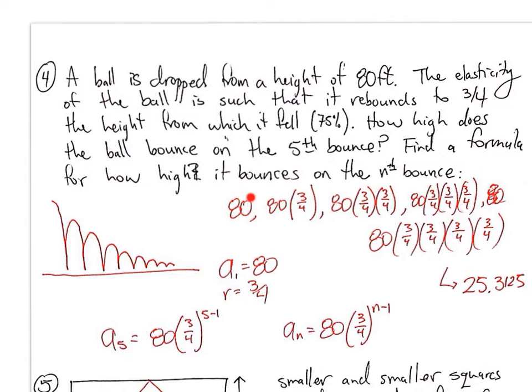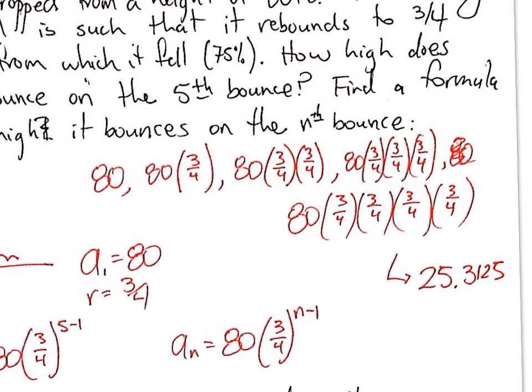The initial height is 80, and then it's going to bounce to a height of 80 times 3/4. So where's my marker? And let's zoom in a little bit. So this is the start, and this is the first bounce, and the second bounce, third bounce, fourth bounce.